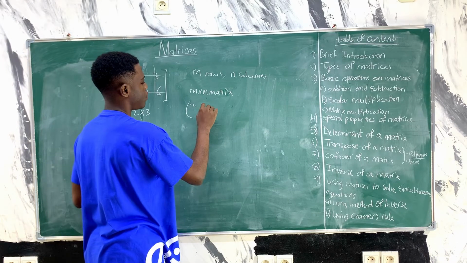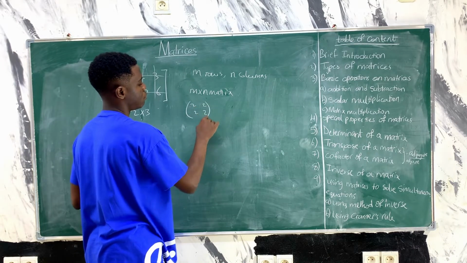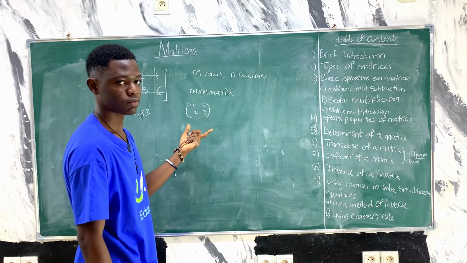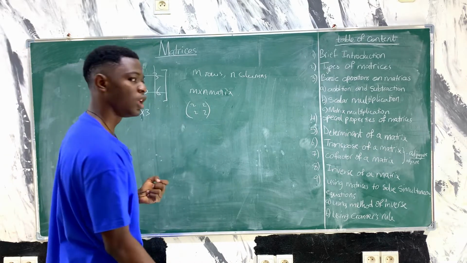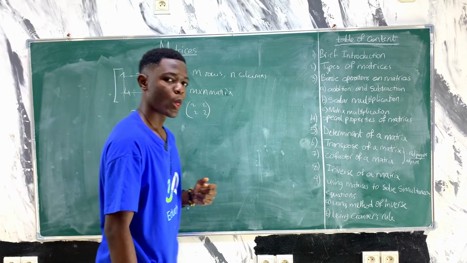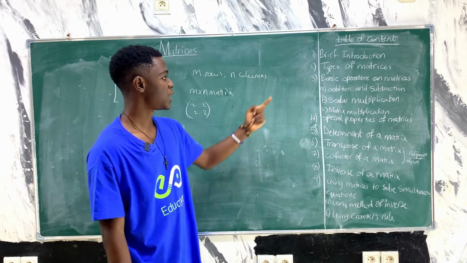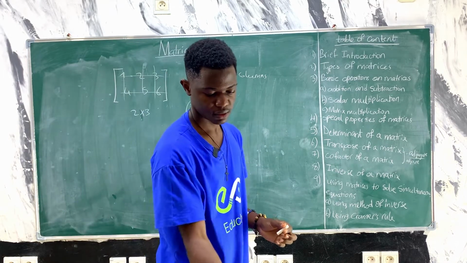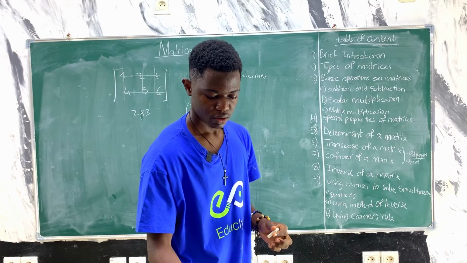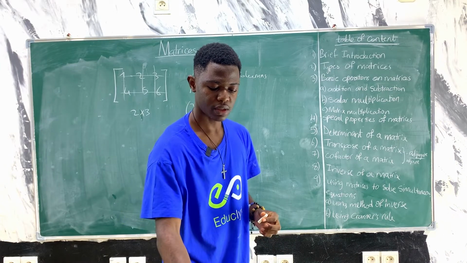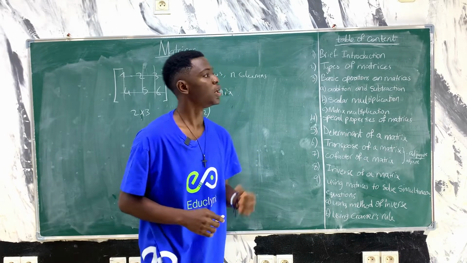A matrix could also be of this form. This is a square matrix. So we are going to go further to the types of matrices. For the types of matrices, we'll start with a row matrix.